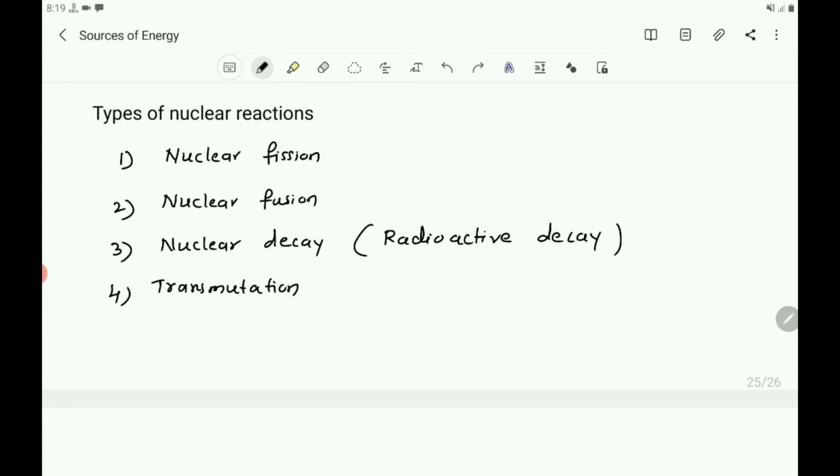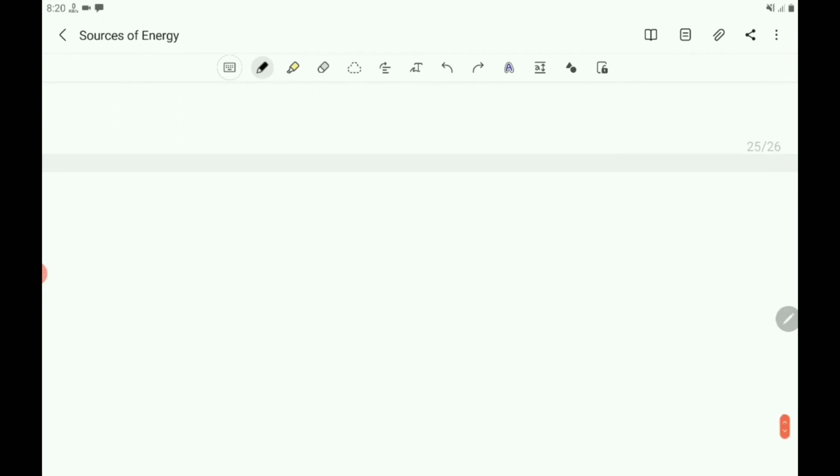First of all we have to consider nuclear fission. Nuclear fission means the splitting up of a heavier nucleus into lighter nuclei. So let us discuss nuclear fission.